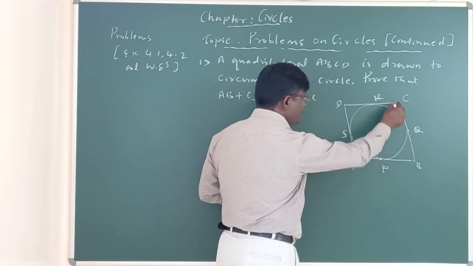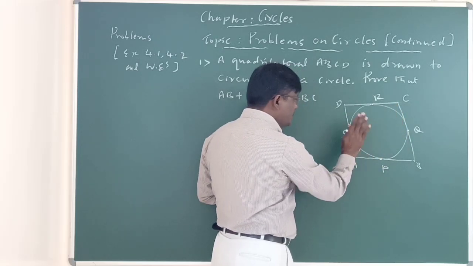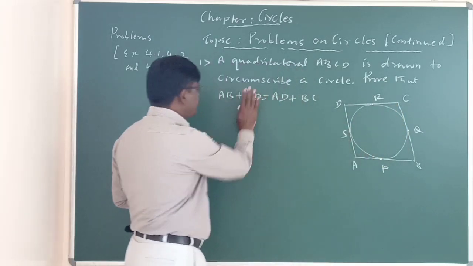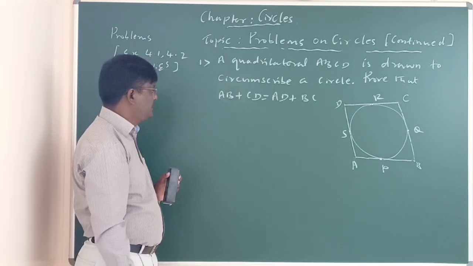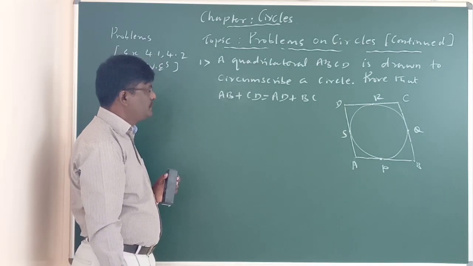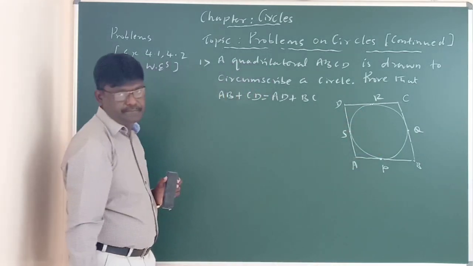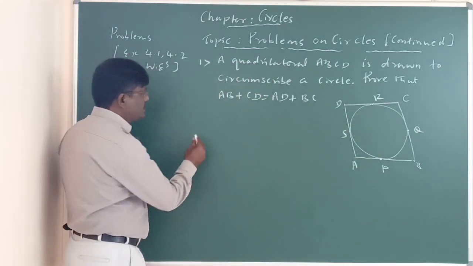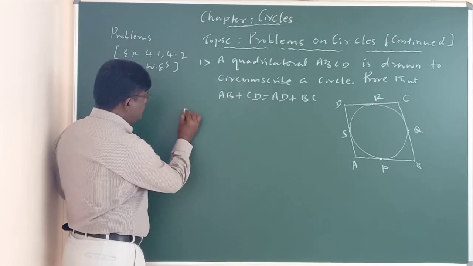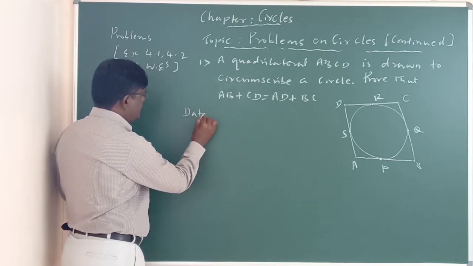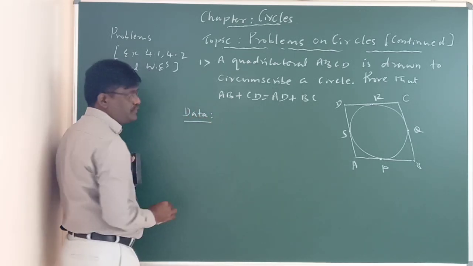Based on that, we will try to prove this fact, that the sum of opposite sides are equal to each other. Okay. Now, since it is a rider, let us follow the steps just like the theorem.